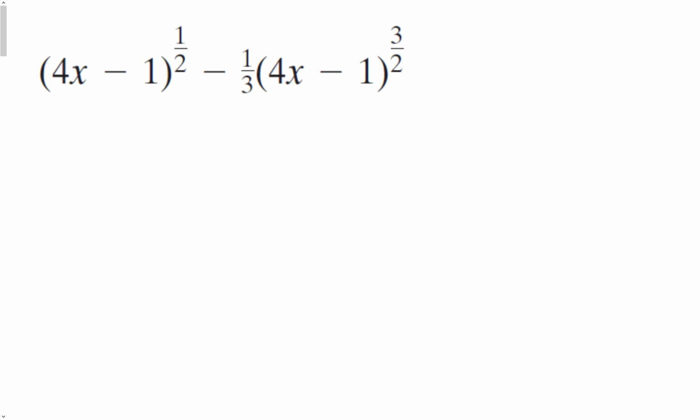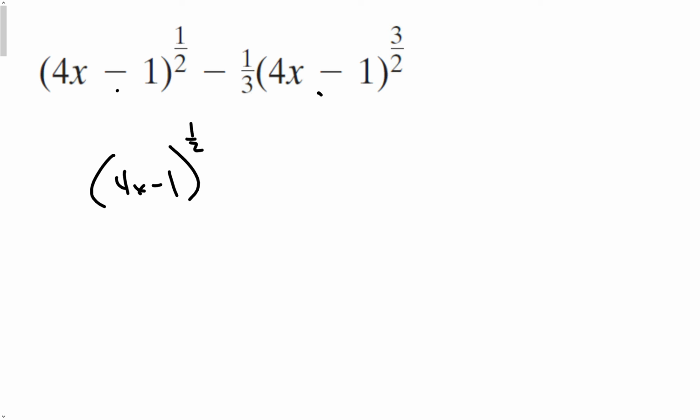So let's do another one of those, just because I have a feeling that this is probably the more complicated problem for this section. Again, what do these two have in common? They have a 4x minus 1, but I can only factor out the smallest degree.